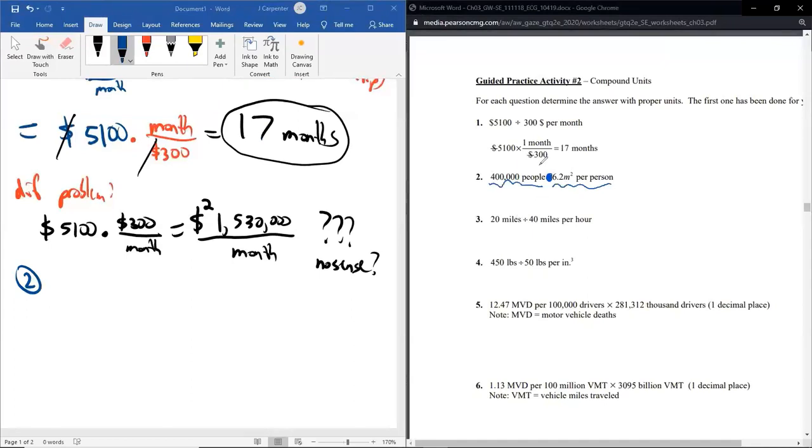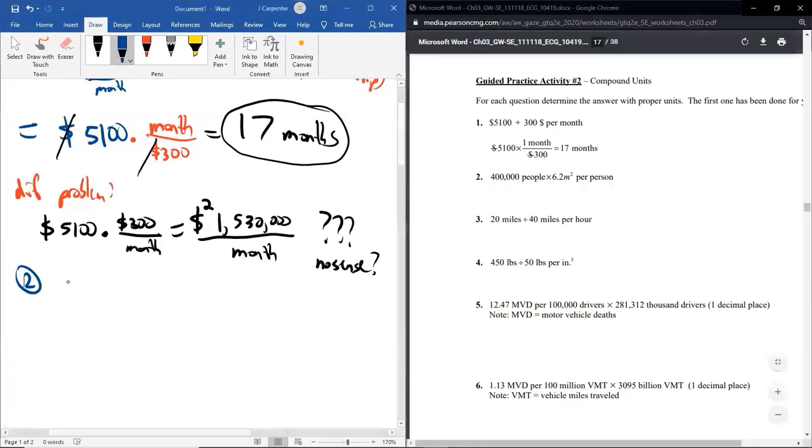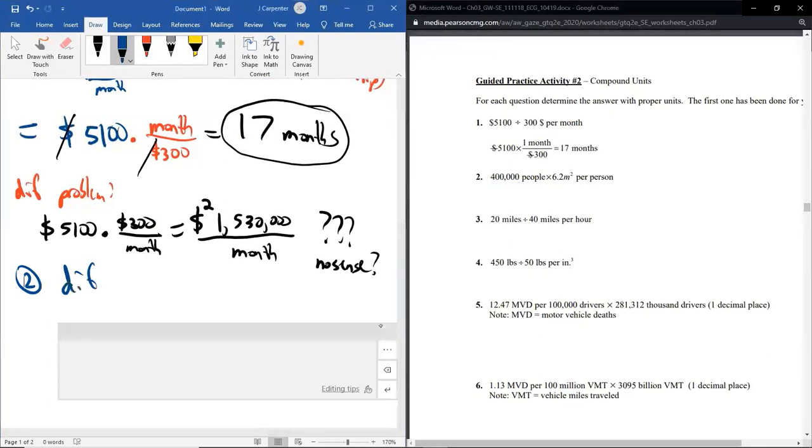So maybe you think you're supposed to divide these things, and if you did that, you would get an answer that wouldn't make sense. So I'm going to do this different problem first, but I'm going to come off of annotate. Clear the screen. So again, different problem.